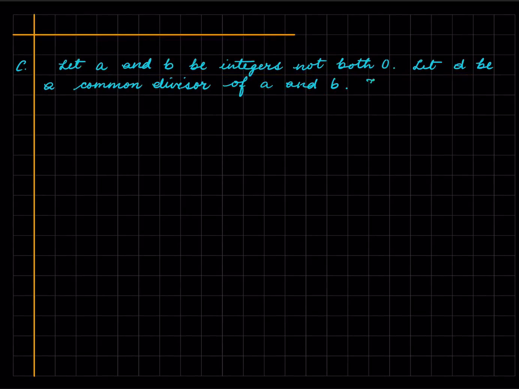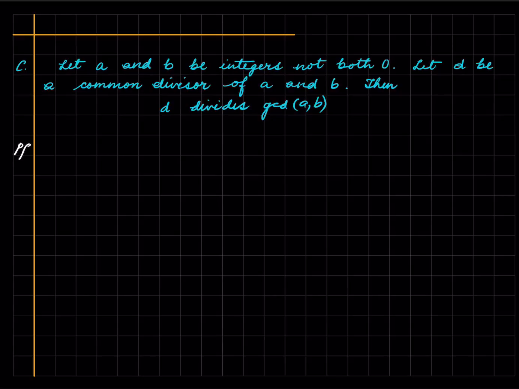Then d divides the GCD of a and b. So of course it is at most the GCD of a and b. That's just by definition of the greatest common divisor. But we are able to say more, that it divides the GCD of a and b.